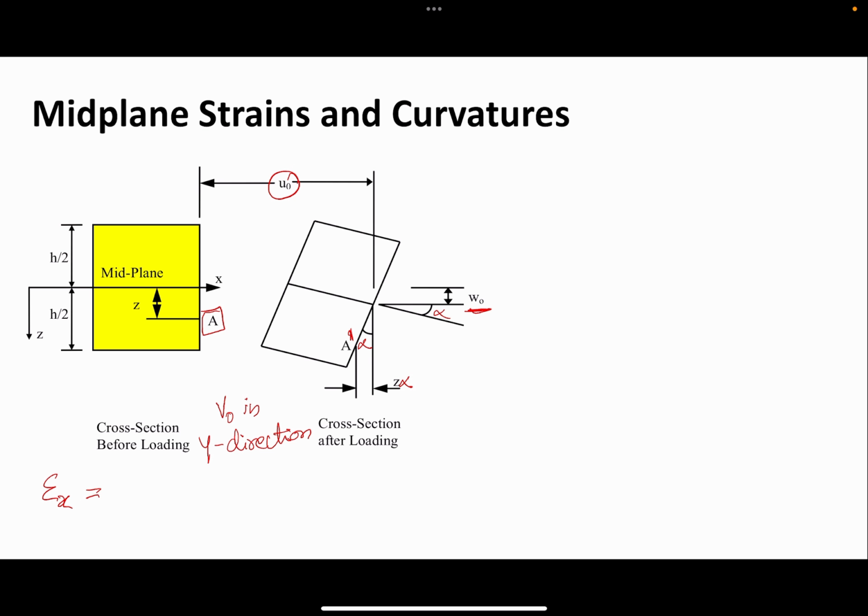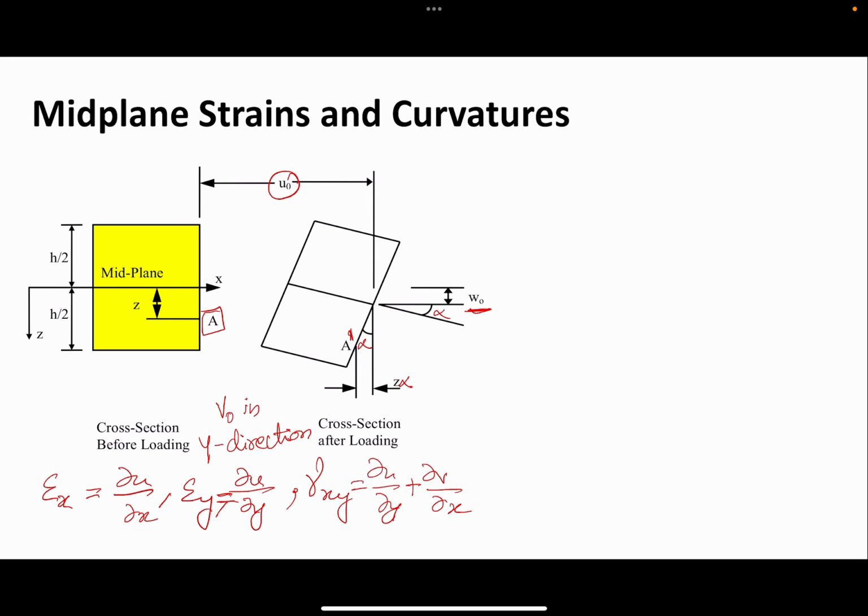Strain in the x direction was dou u by dou x, in the y direction was dou v by dou y. Here, because we want to keep it simple, we are only going to do 2D, not 3D. We are only talking about the cross section. And then gamma xy, the shear strain, is a combination of dou u by dou y plus dou v by dou x. So these were the definitions of strains in our first topic.